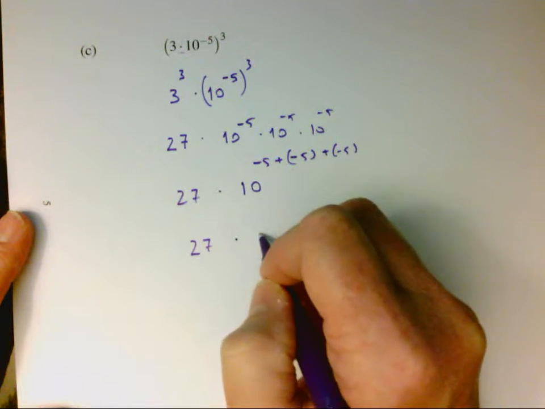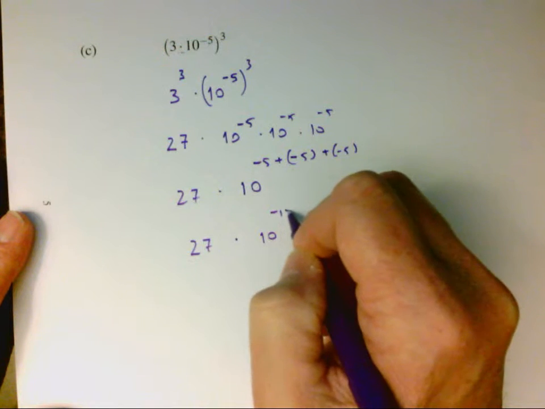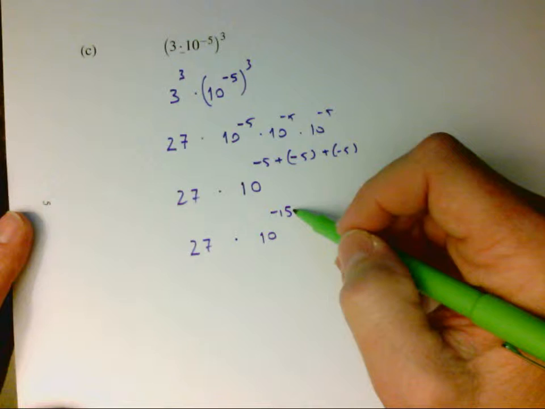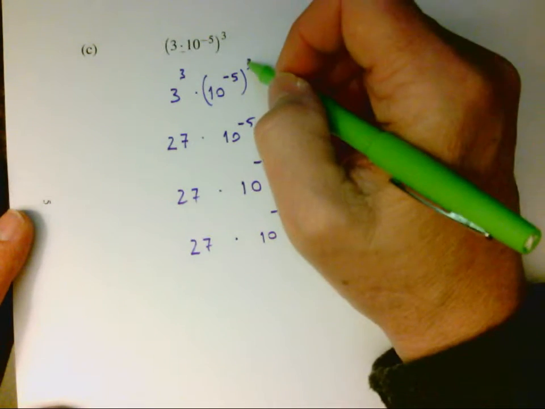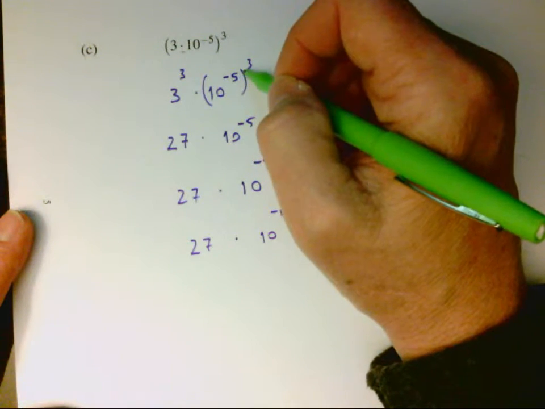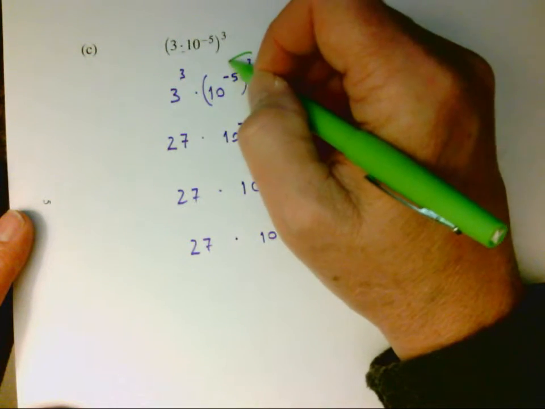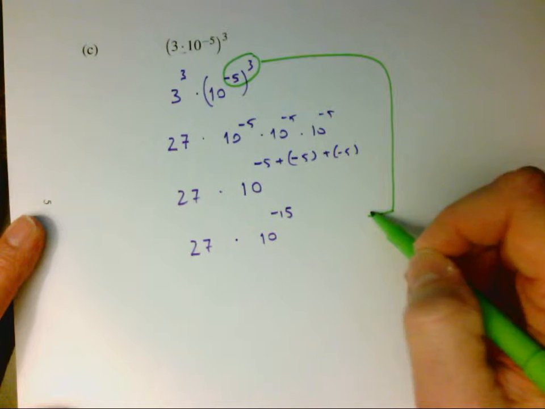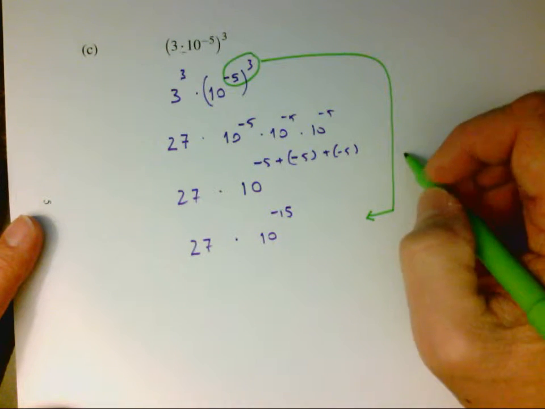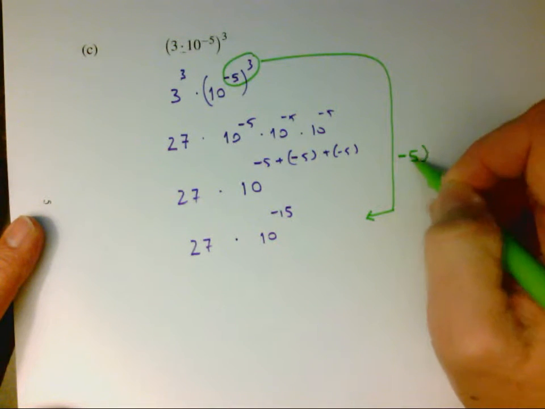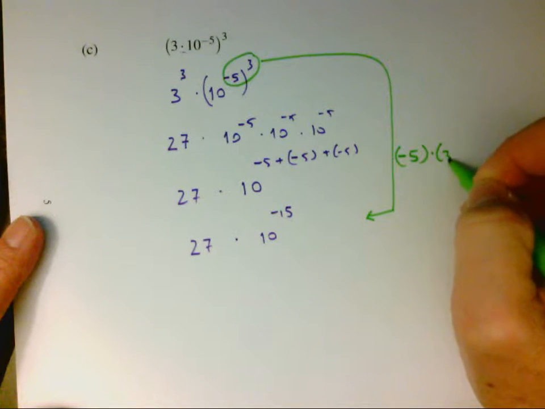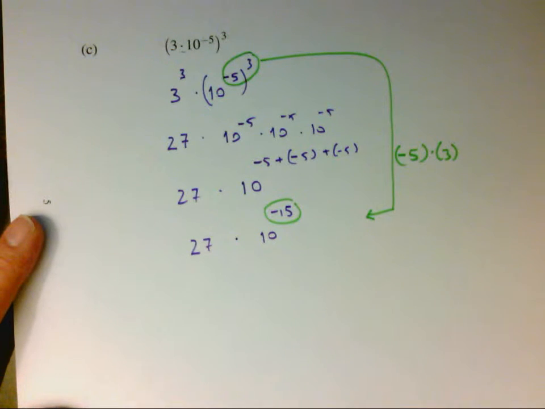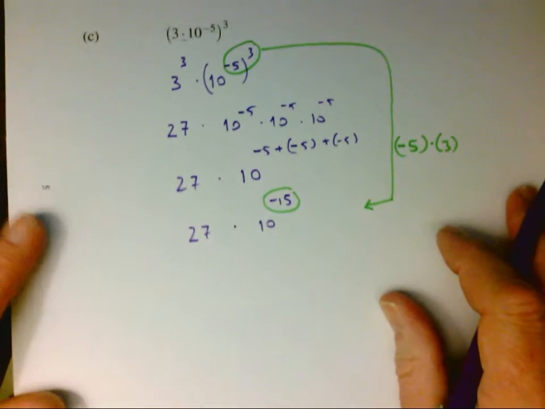So 27 times 10 to the negative 15. Well, we could have gotten to the negative 15 in one fell swoop. If you raise to an exponent, again to an exponent, so this is an exponent to an exponent, then you multiply the exponents. And in fact, this is an example of another property of exponents. I'll write it down on a sheet of paper in a second.